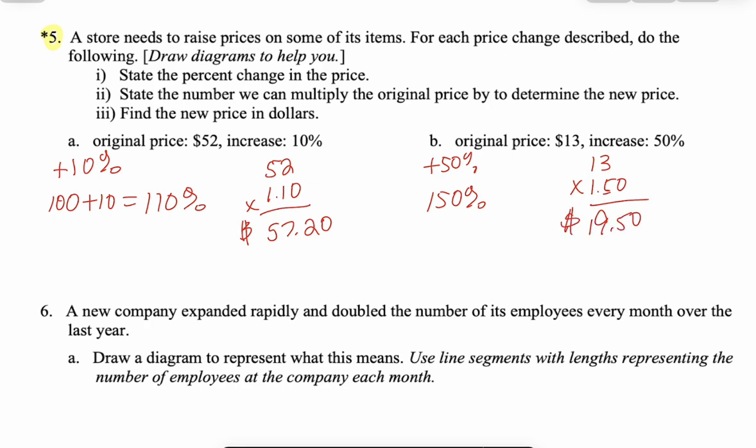Now, if you calculated 50% and got 6.50, and then added the two together, that 13 and 6.50, you do get 19.50 as well. It's your decision how you want to do it. I think it's easier to add 50 to 100 than it is to add 6.50 to 13. So I just think of time-wise, what's easier to add together.